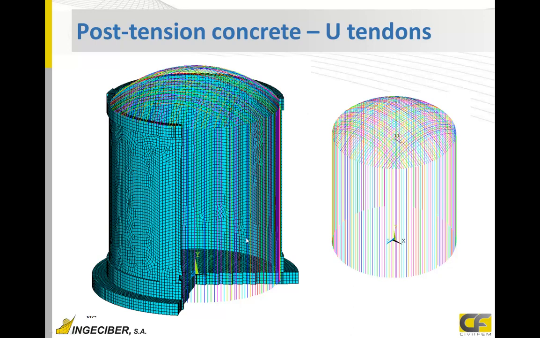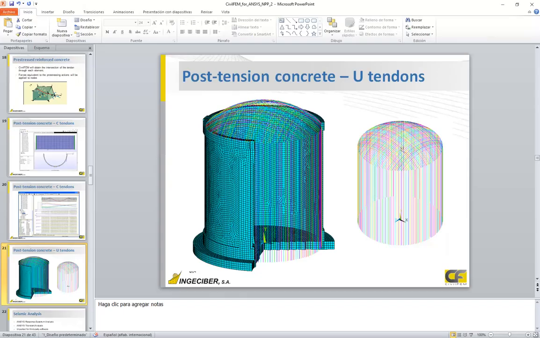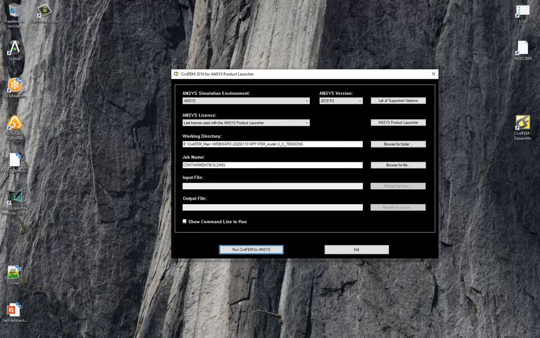It's like an inverted U, these tendon shapes. And there are like 2 groups, one in the X and one in the Y direction. The way to work with this tendon tool is just selecting from the model.